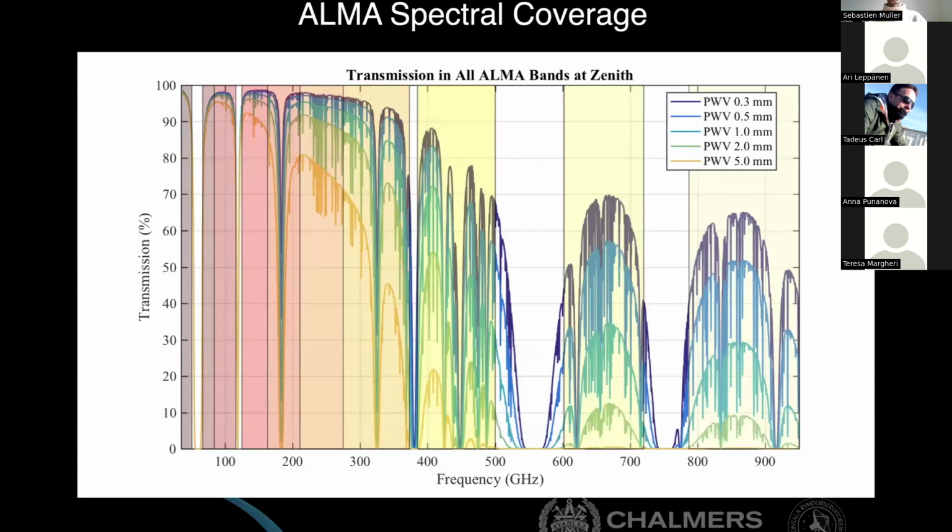It's the same plot that Sebastian already mentioned. You have to take into account that the weather is not always the same and not always ideal, but it varies across the year. So the conditions of observation may change depending on the weather.